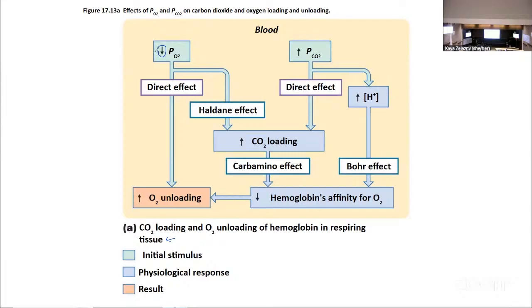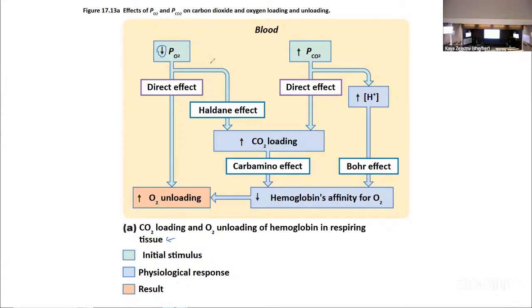The direct effect of lowering your oxygen levels is that oxygen goes somewhere. This is the same thing we're saying when we say we're increasing our oxygen unloading. Lowered partial pressure of oxygen in the blood means it went somewhere. Unloading is that going-to-tissue piece.